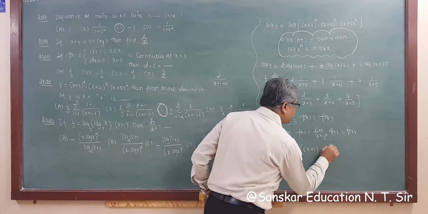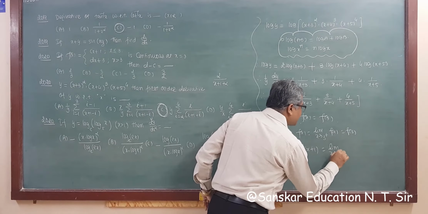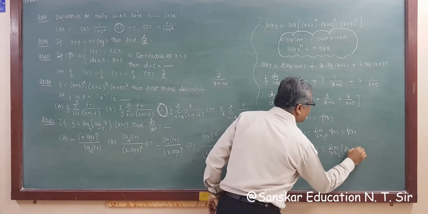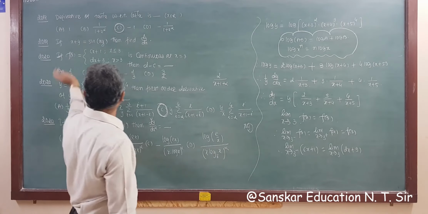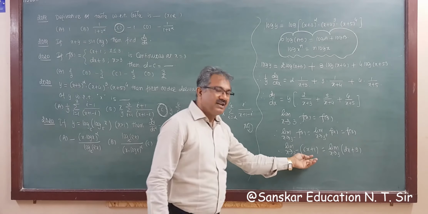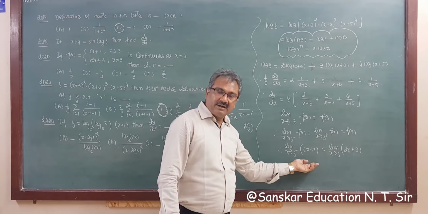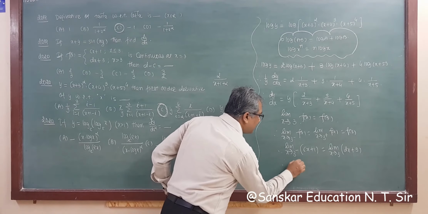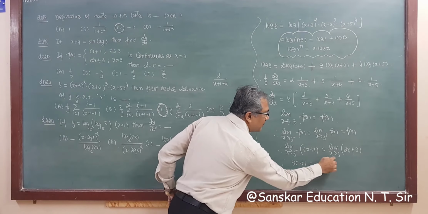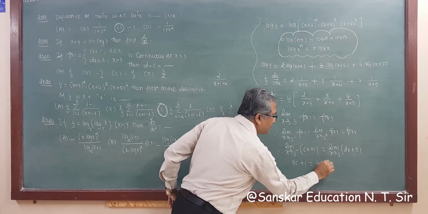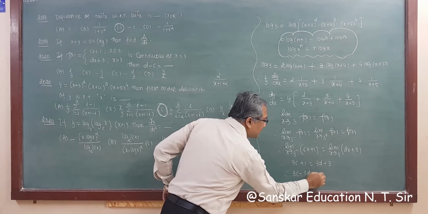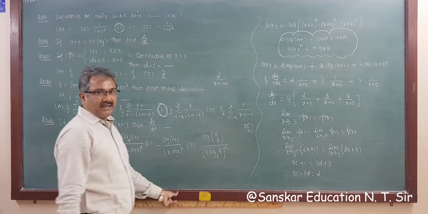Now f(3) is cx plus 1, which is already here, so no need to write it again. So now substitute x equal to 3 here. What do we get? 3c plus 1 is equal to 3d plus 3. That is 3c minus 3d is equal to 2.